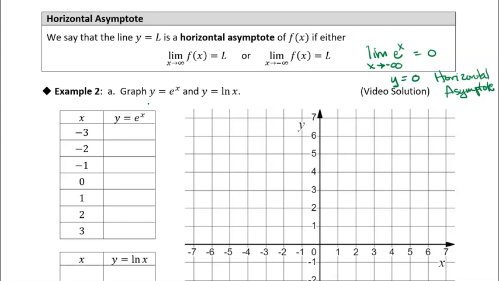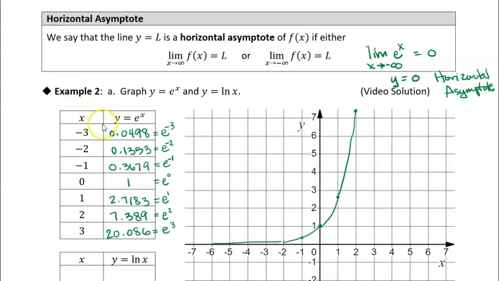All right. So in example 2, we're going to graph e to the x. I've got a table of values here, and I can plug in these numbers for x and calculate e to the x. So I've used my calculator and calculated these powers of e in decimal form, because it's easier to graph if I have a decimal.